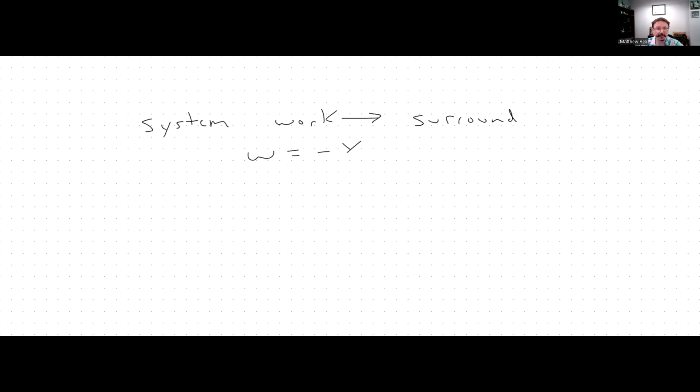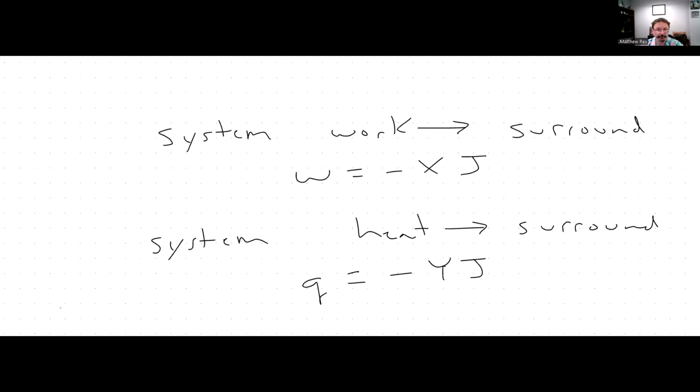And then if the system is losing heat to the surroundings as well, it's putting heat or thermal energy into the surroundings, then our Q term would also be some negative energy value. So the sign for both of those should be negative Q, negative W.